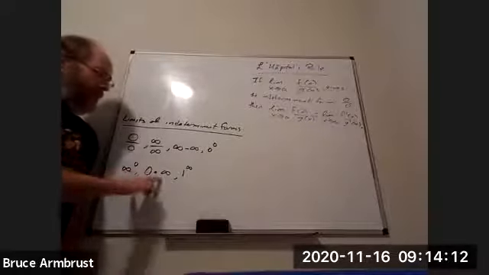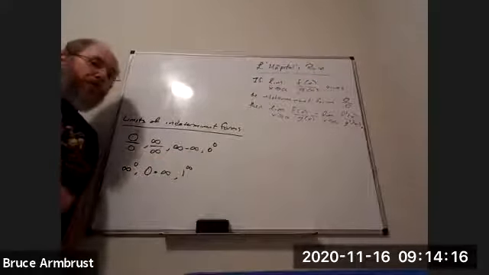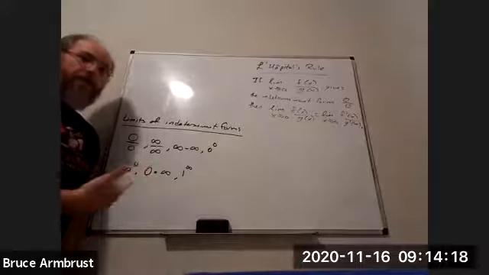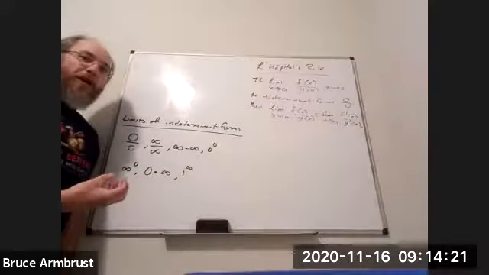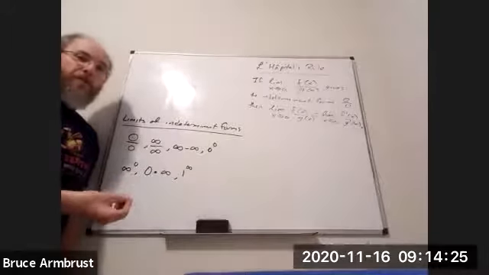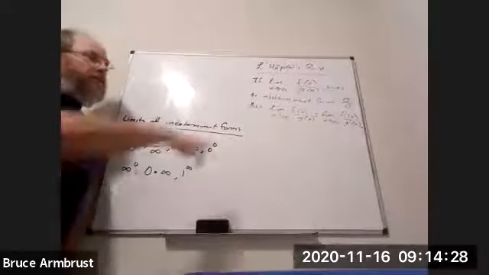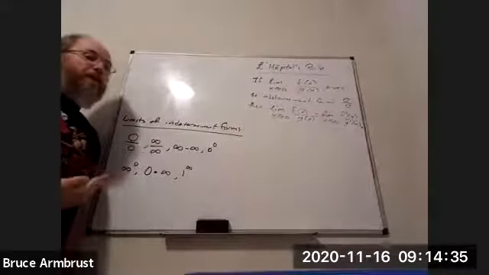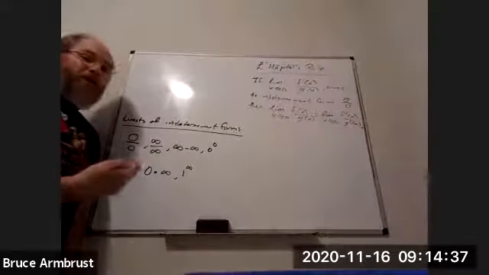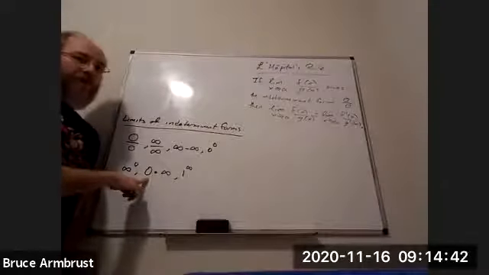Basically, here's what's going on. Remember that these forms are what you would get if you plugged in the point, but at a limit, we're not worrying about that point. We worry about what happens when we get close to that point. So just like with these, we're not really getting 0 over 0. We're getting 0 over 0 at the point, but not as we're getting close to that point. So it turns out that this actually is non-zero.